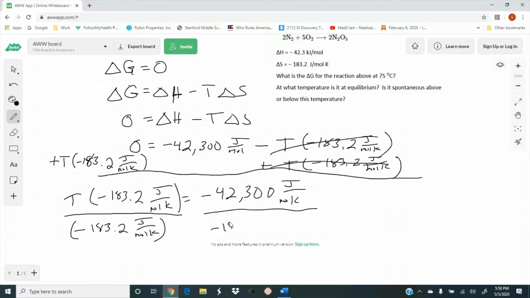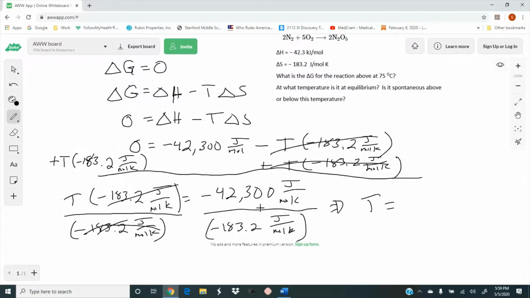By negative 183.2 joules per mole Kelvin, so that these cancel out. Okay. And so what I'm going to get is that T is going to be equal to negative 42,300 divided by negative 183.2.